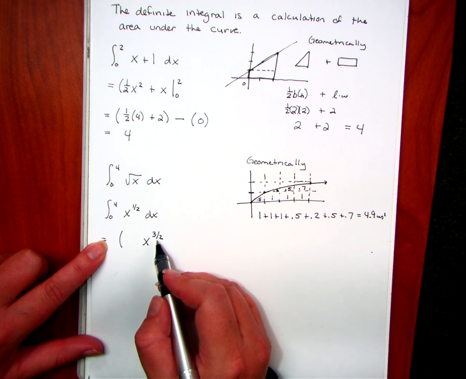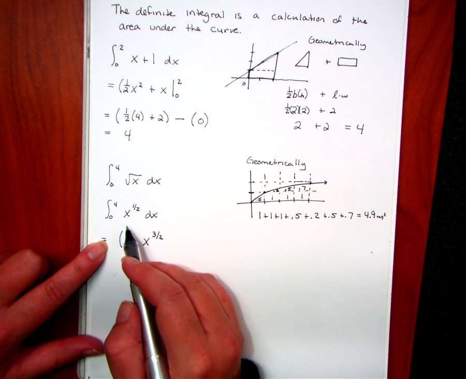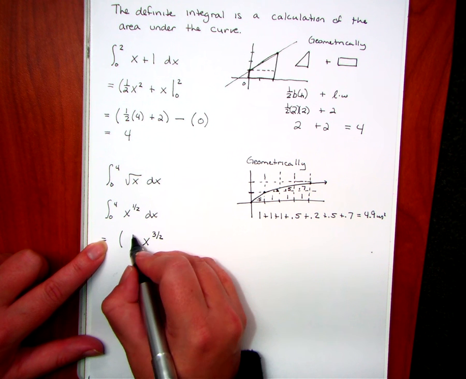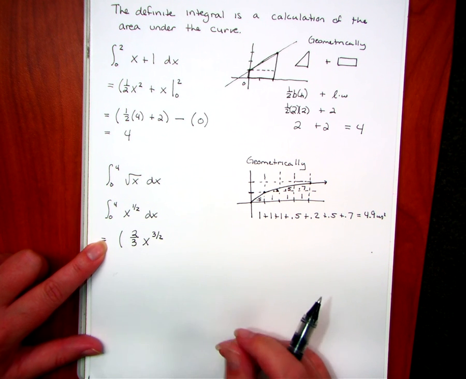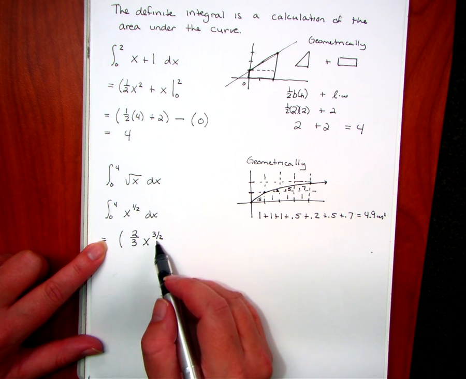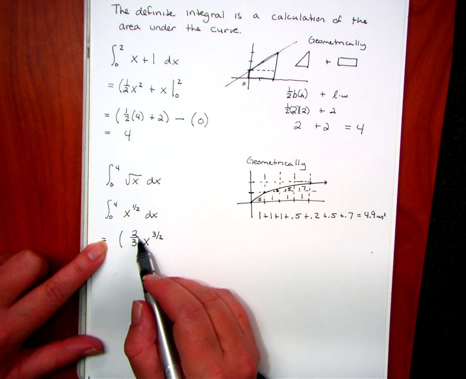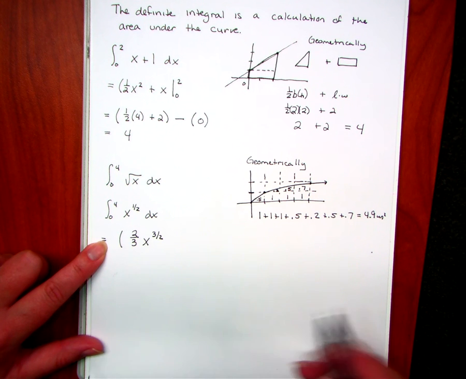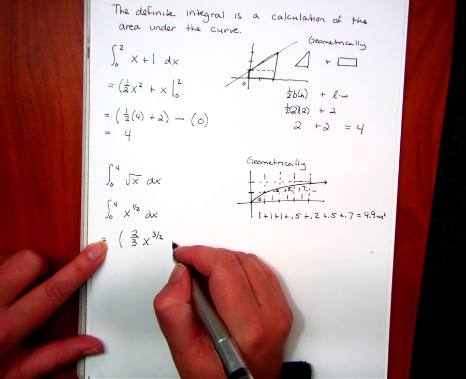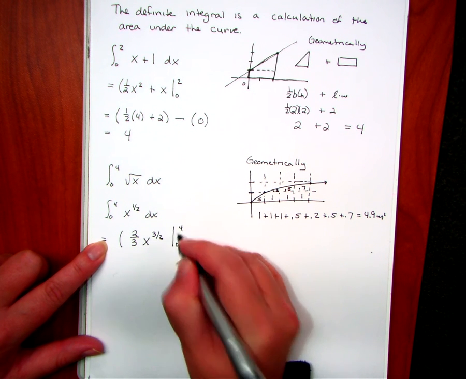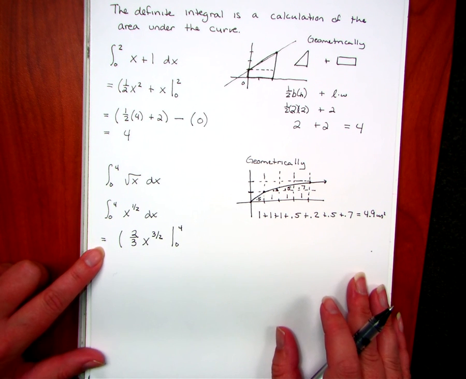Now, the derivative of x to 3/2 is 3/2 x to the 1/2. So I don't want a 3/2 here. So if I put the reciprocal of that, 2/3, okay, and then when I pull the power down and multiply it, 3/2 times 2/3 is 1, right? So this is my antiderivative, and I want to evaluate that from 0 to 4.